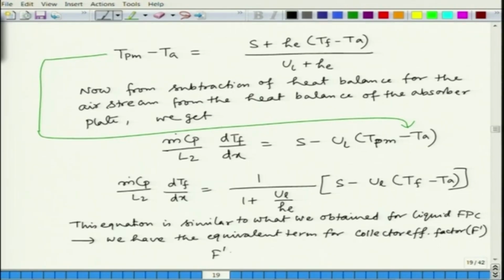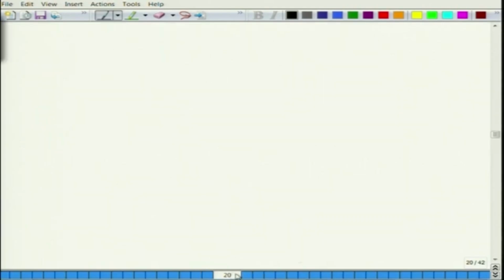Here that F prime is the reciprocal of 1 over UL by HE, that is 1 upon 1 plus UL by HE. Okay. If you substitute that, it is exactly the same equation we obtained.